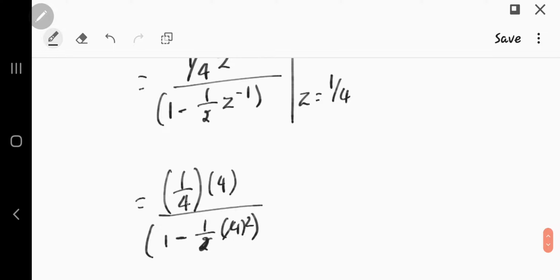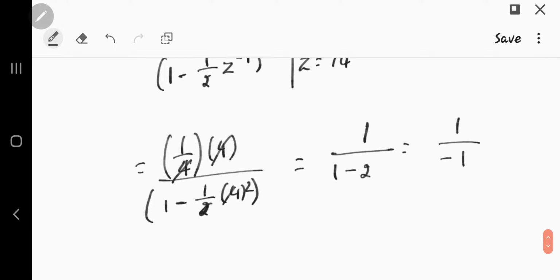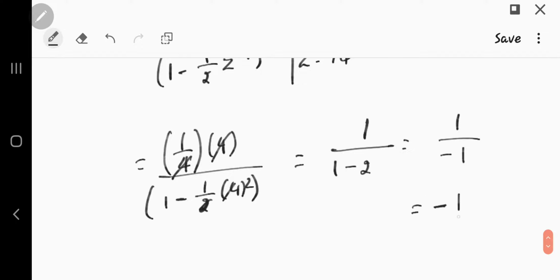Now if you substitute that, 1 by 4 into 4 divided by 1 minus 1 by 2 into 4. So 2 times 4, this 4 gets cancelled. So 1 divided by 1 minus 2. That is 1 divided by minus 1. So you will get the value as minus 1 for k2.